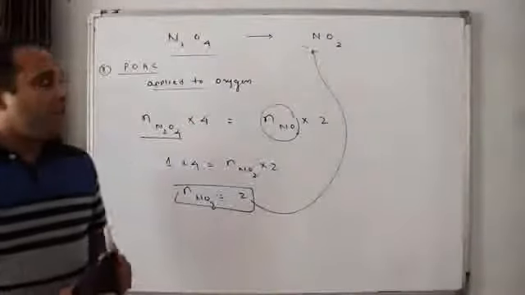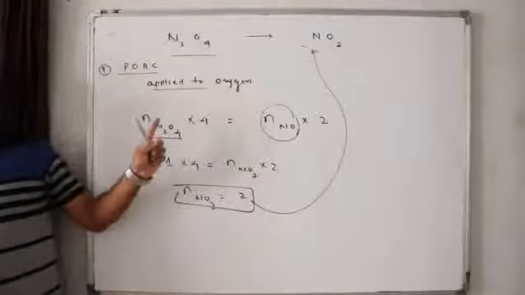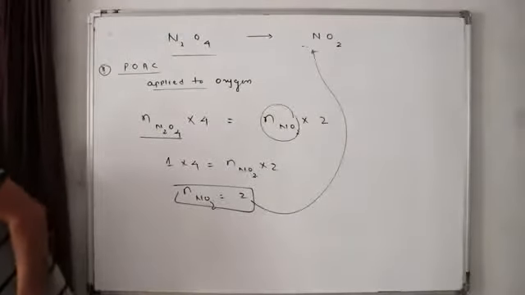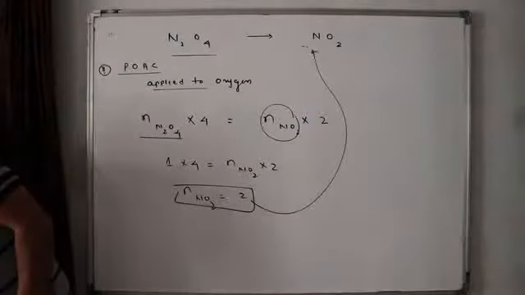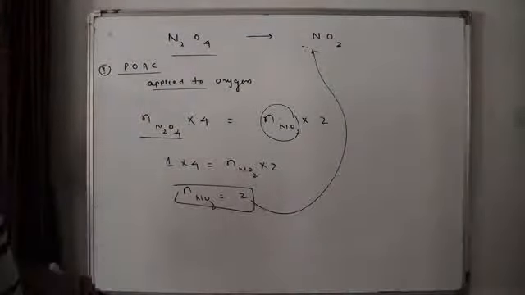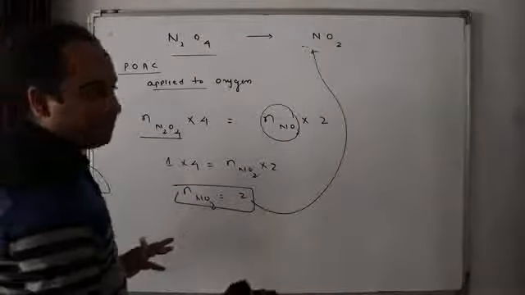Clear? We will see how we can do it by balancing and how we can do it by the POAC method. Let us go for an example. Very easy example.